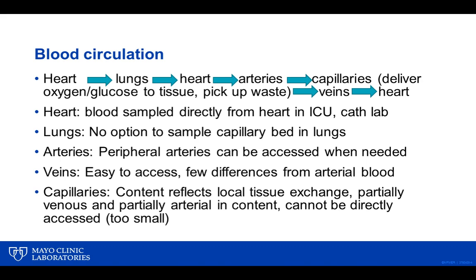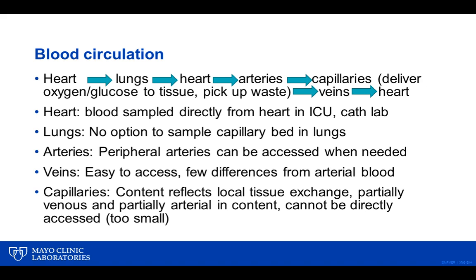And then capillaries. The content of biochemical substances and cells in capillary blood does reflect the local content available to tissues. So in terms of PO2 and lactate, it might be interesting as a physiological question to understand what the true concentration is in the capillary blood.